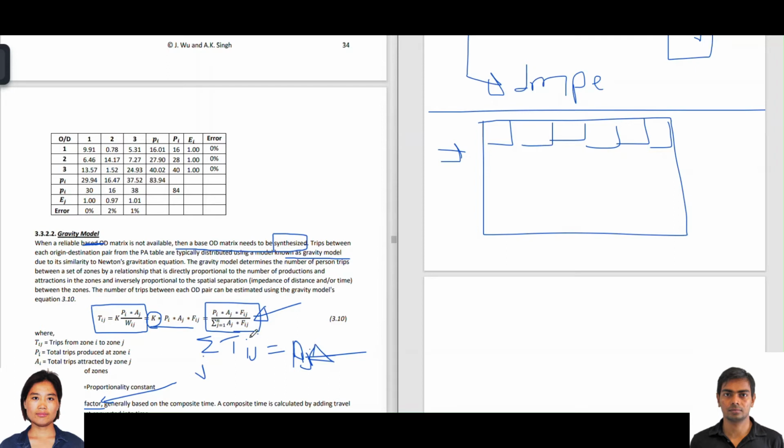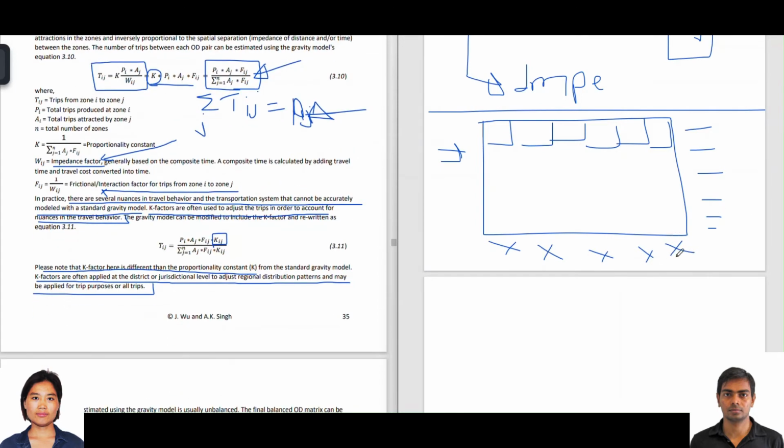Since we have balanced it based on production, by summing up all the attractions, the productions are usually always balanced, but the attractions are not. Then we can use one of the earlier four methods to balance the attractions and productions at the same time.